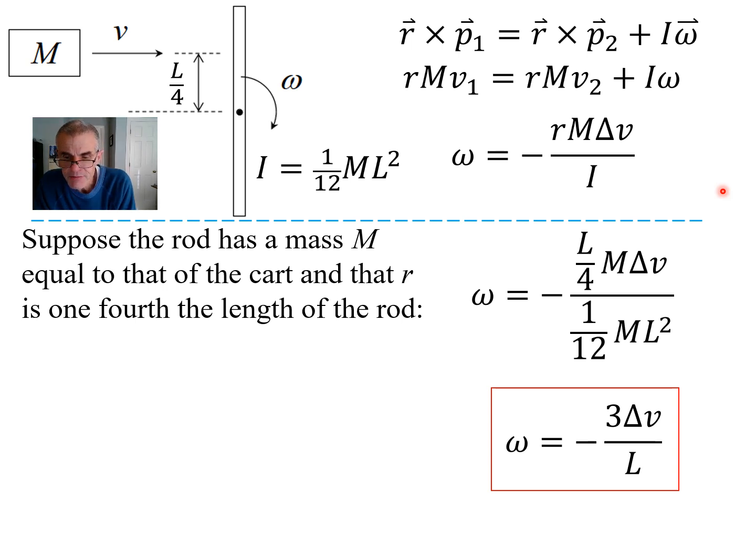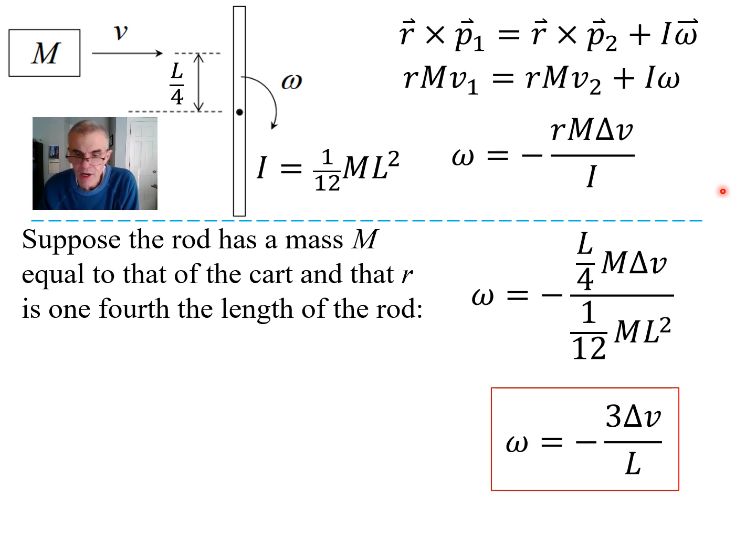You can also sometimes reason out, okay, does it just make sense? If delta V is bigger, would there be a bigger angular velocity? Well, that kind of makes sense to me. If there's a bigger change in the speed of the cart, there was a bigger force to cause that to happen, and that would make the speed of the rod greater. There would have to be a greater force on the rod causing it to spin.